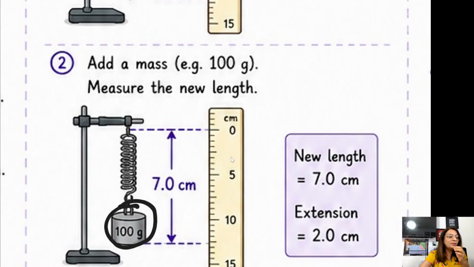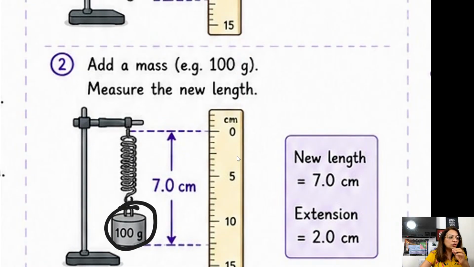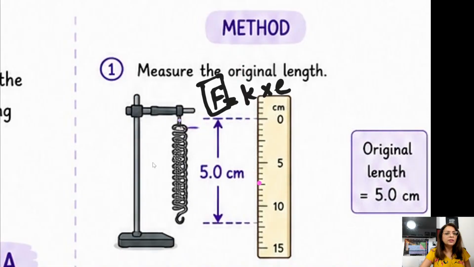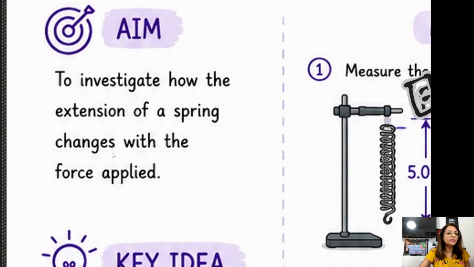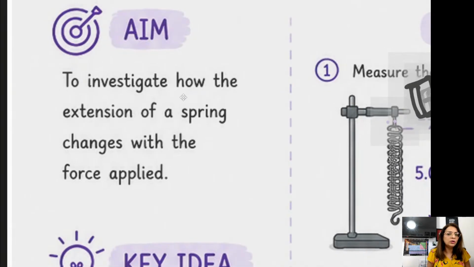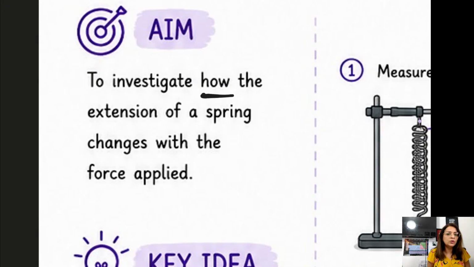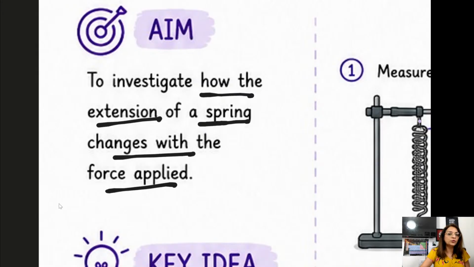Gravity, Scarlett, gravity. Okay, gravity is not a force, but we can say weight. Please remember, weight is a force, and that is what is pulling the spring downward. No, Grace, no. Listen to me first. In this practical, you need to investigate how the extension of the spring changes with the applied force.